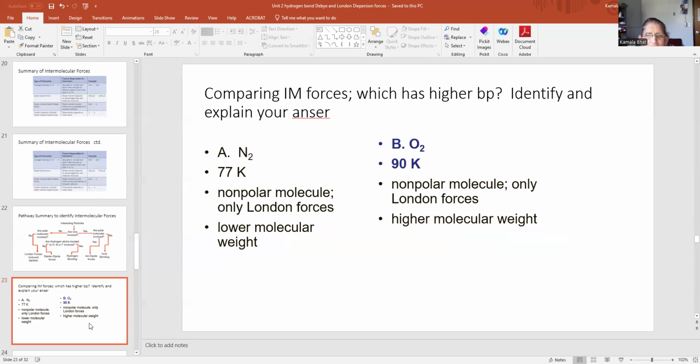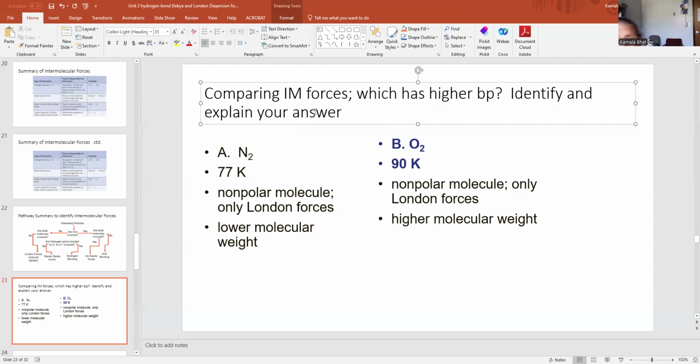Now comparing the intermolecular forces, just look at it and identify which has the higher boiling point, and explain your answer. The two gases are nitrogen and oxygen.